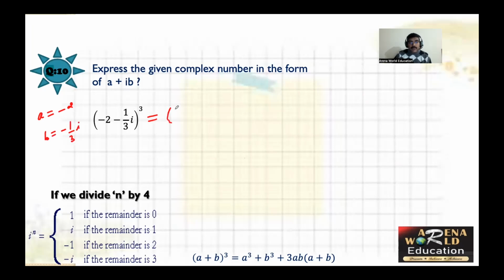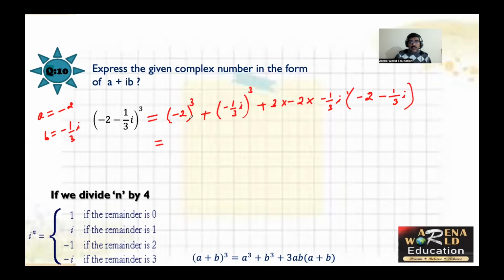So first step will be (minus 2) cube plus (minus 1 upon 3 iota) cube plus 3 into minus 2 into minus 1 upon 3 iota, and inside the bracket we are having the same, minus 2 minus 1 upon 3 iota. So let us open these brackets.